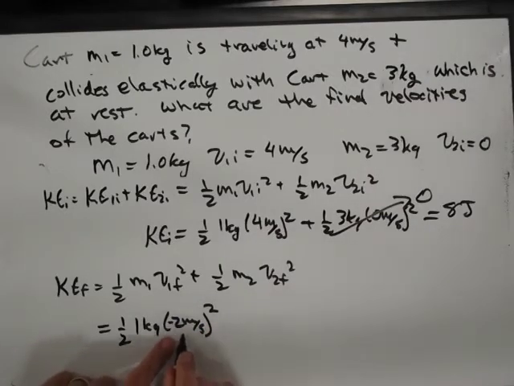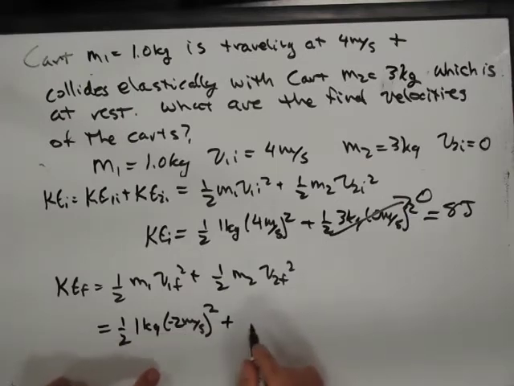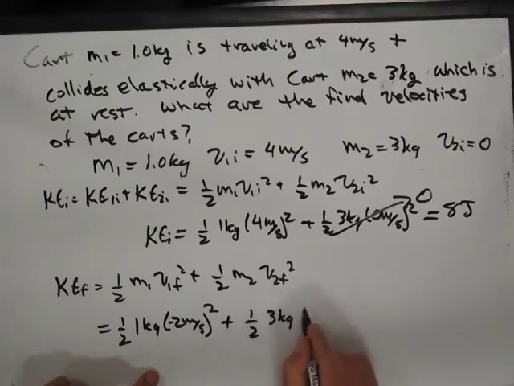If you want, you can put a minus sign in there, but it doesn't matter because it's squared. Plus, because this guy came out with a negative velocity, 1/2 times 3 kilograms times 2 meters per second squared.